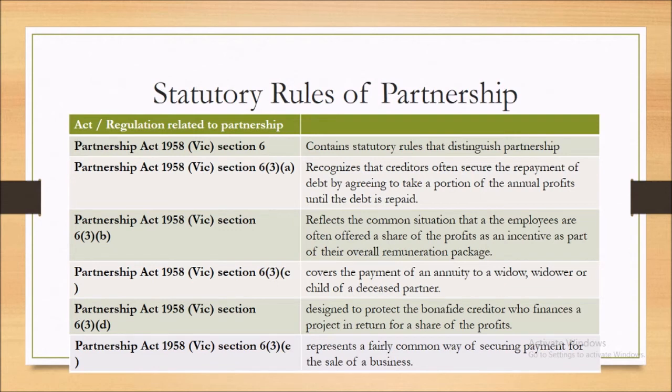Even though the partner is deceased, the payments, let's call it a widow payment, an annuity to a widow, have to be paid by the partnership if the partnership is still existing. The provisions related to those payments are governed by Section 6(3)(c) of the Partnership Act.